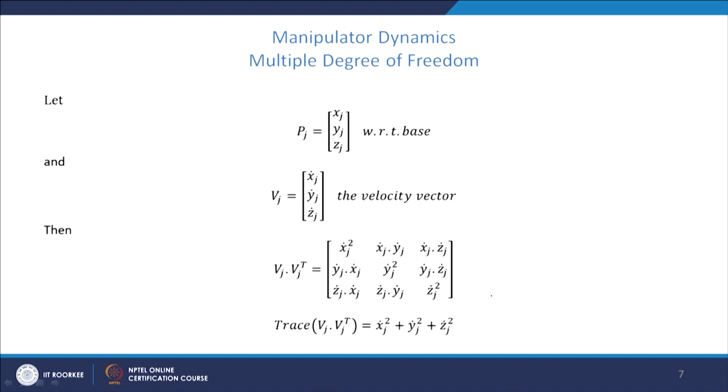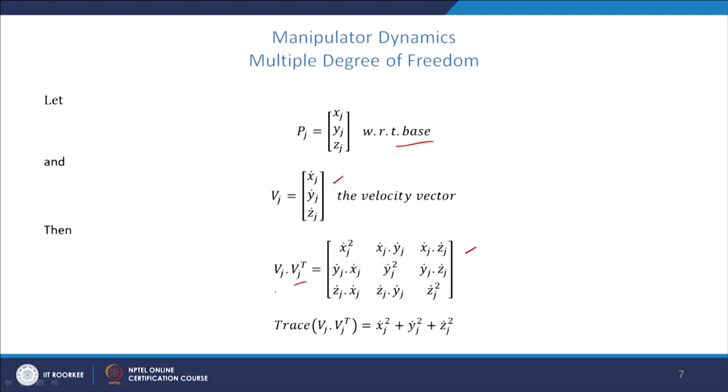So, how to calculate that? We take the point P to be xj, yj, zj with respect to the base, and Vj is given by its derivative xj dot, yj dot, zj dot. Vj is a column vector, Vj transpose is a row vector. If you multiply Vj and Vj transpose, we get xj dot square, xj dot yj dot and xj dot zj dot, etc. So, directly multiplying Vj and Vj transpose gives this.